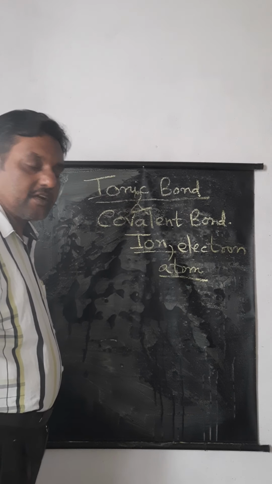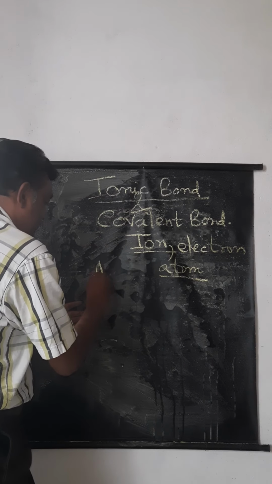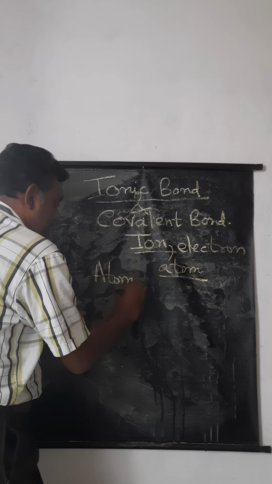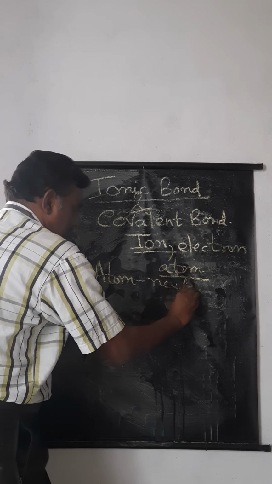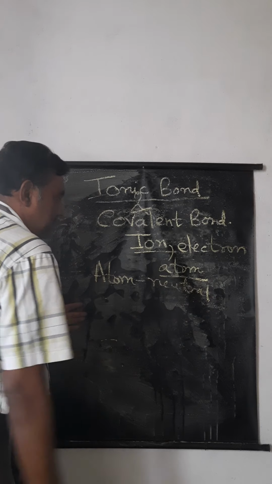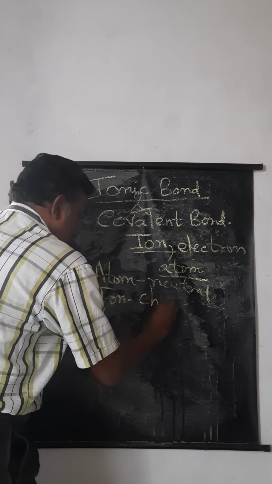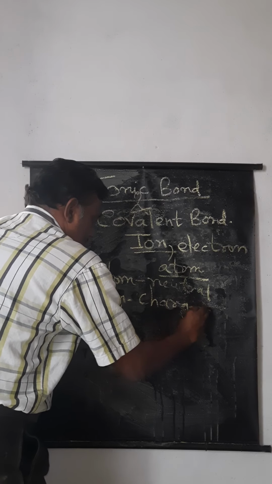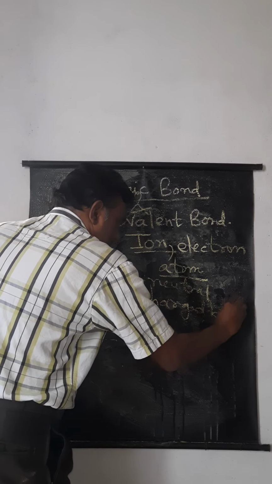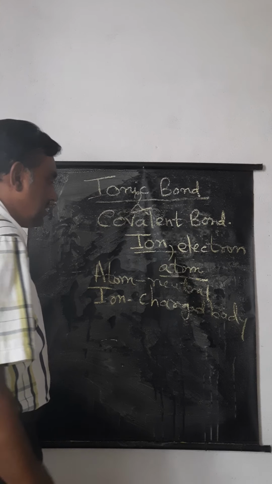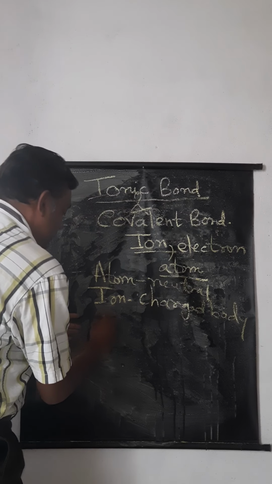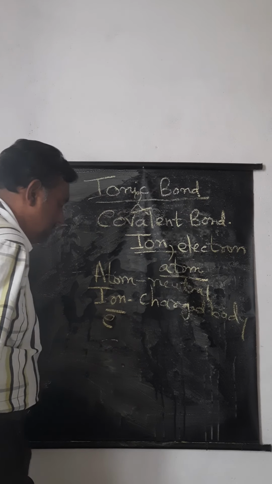You know that an atom is neutral, whereas an ion is a charged body. An electron is denoted by the symbol e minus.